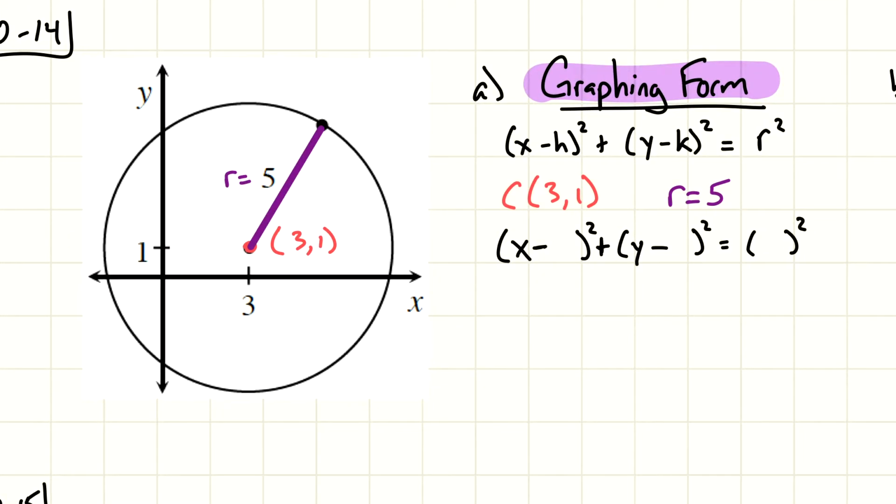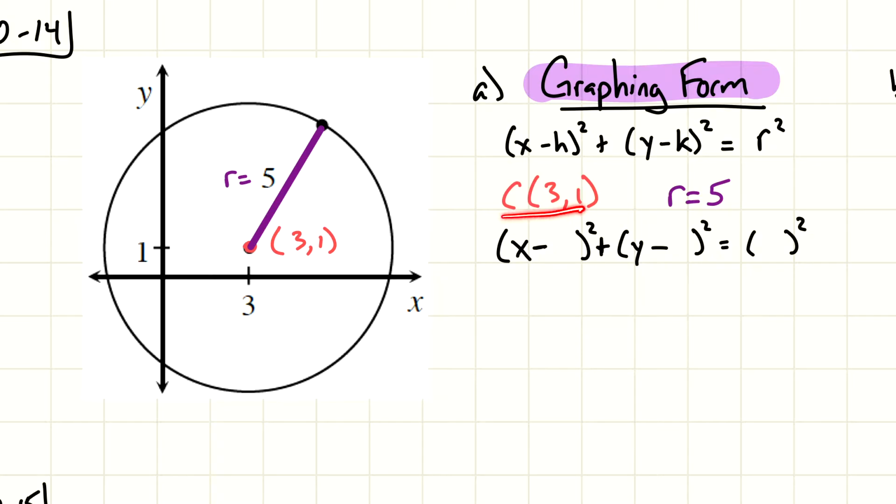This is assuming we have a circle given to us. With this circle comes some information. The coordinates of the center are (3, 1), and the length of the radius is given to us, which is 5. I've already labeled that for us.